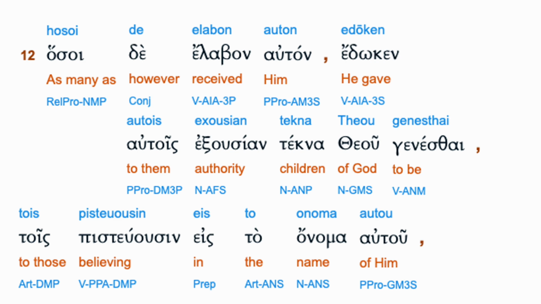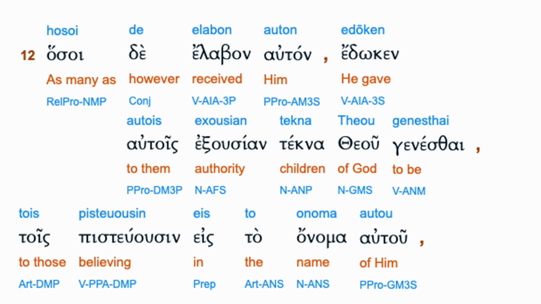So, as many, however, received him, the verb is received, and him is accusative because he is the object of that verb to be received.